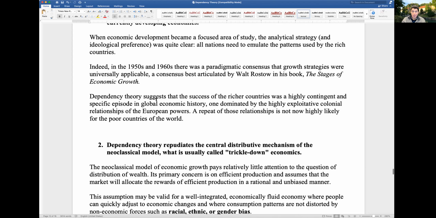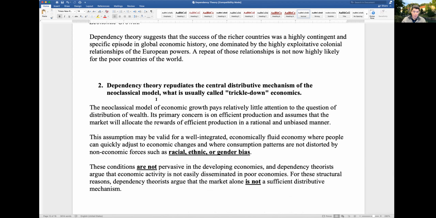Number two, this is important, guys. Dependency theory says the neoclassical mainstream market-based economic system doesn't work the way it's supposed to. This trickle-down effect, forget it. It may be something that you can see in homogeneous places where pretty much everybody starts from the same place, where there are no significant racial, ethnic, or gender biases.